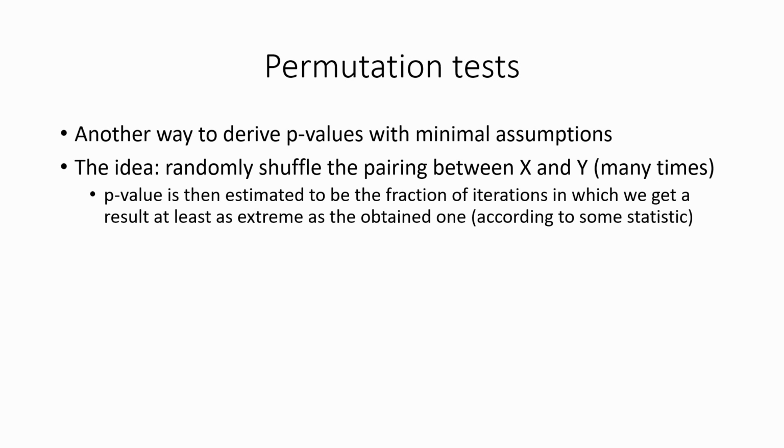Okay, and that actually relates to the next thing I wanted to show you, which is permutation tests. Again, we went through quite a lot of different statistical tests, and we saw that for many cases you have an off-the-shelf test that you can just use.